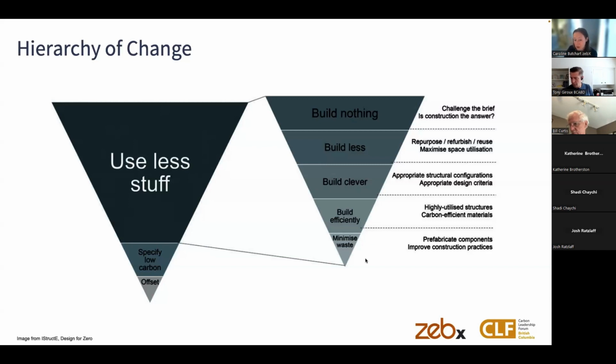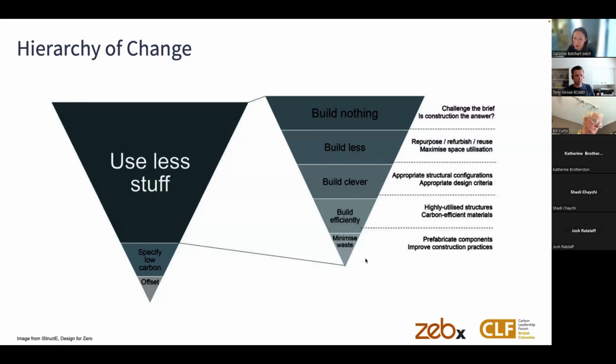Slightly smaller segment of this triangle is specify low carbon. If you're specifying low carbon, you're still using some carbon, so it's always going to have a smaller impact than just using less stuff. But it is a great way to reduce the carbon footprint of a home. And then what we can't reduce and we can't specify an alternative for, the last piece of this hierarchy, is to offset.